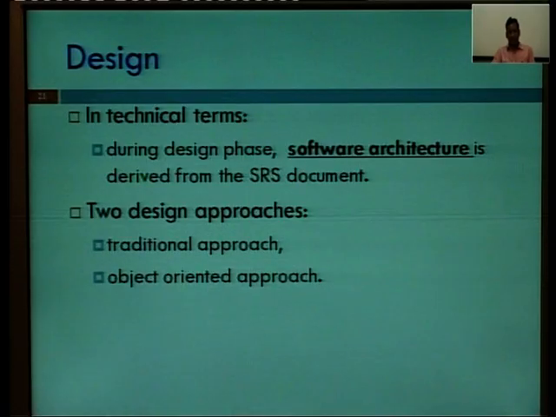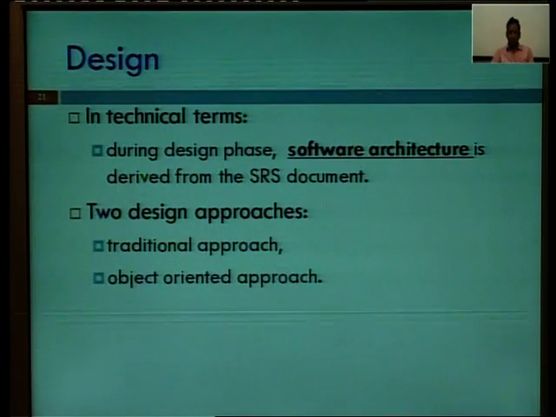In the SRS document, different requirements are specified, and in the design phase, we specify how the particular problem is to be solved. This is also known as the software architecture phase.